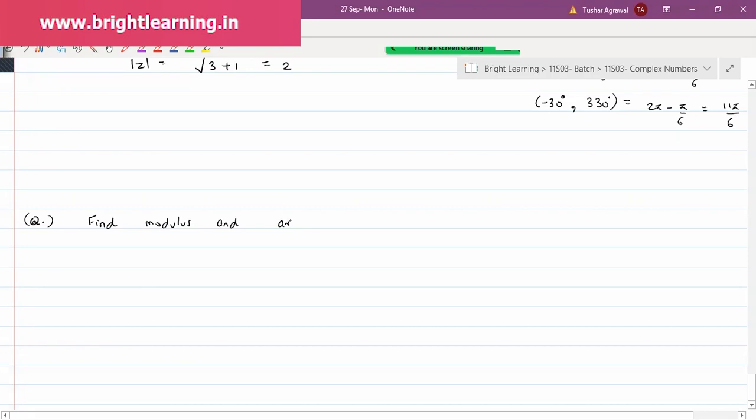Find modulus and argument of the following numbers.